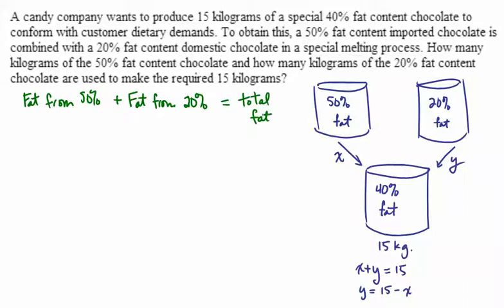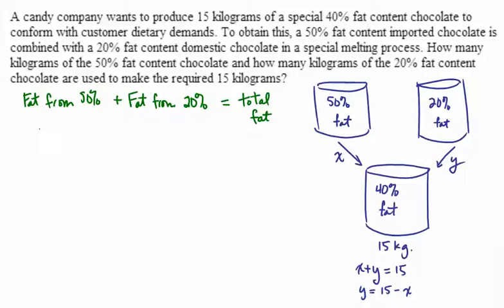Now we're talking about chocolate here, but really the key to solving this problem is not so much the chocolate, but the fat content in each of the 3 different types of chocolate. The first one has 50% fat content, the second one 20% fat content, and the third one, the resulting one, 40% fat content.